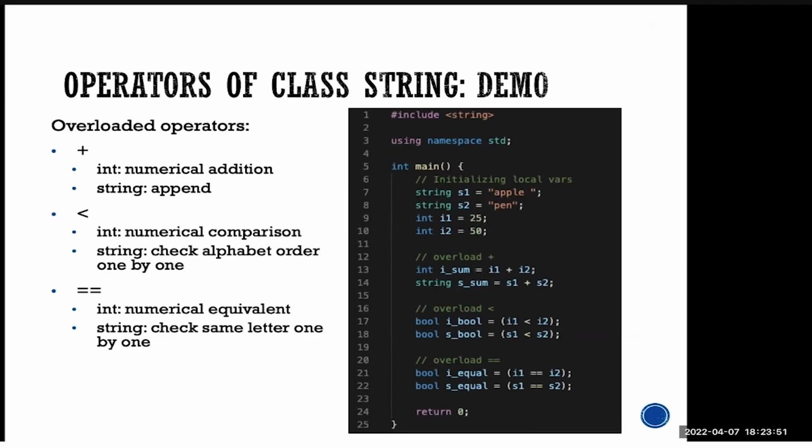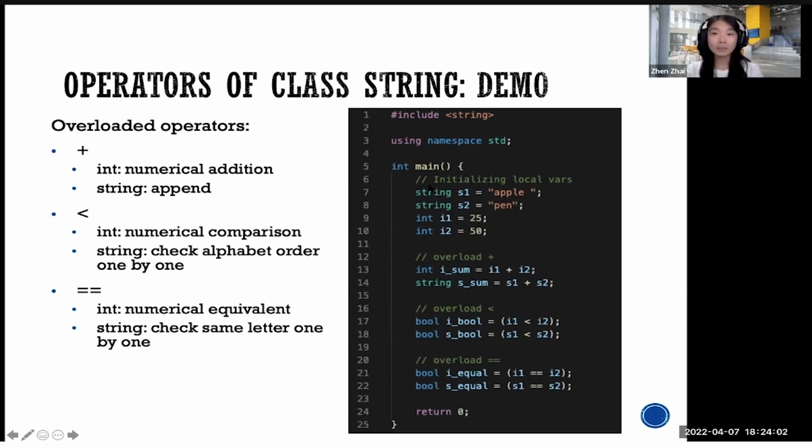Wait, so lines 7, 8, and 14, they're all classes? Yeah, classes and types are the same in C++. So integer, from the C++ perspective, is the same as string. S1 and I1 are just different objects of different types.